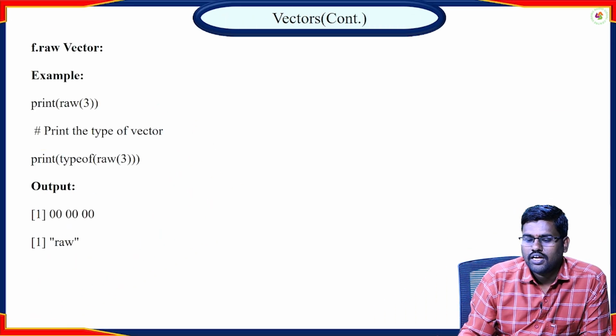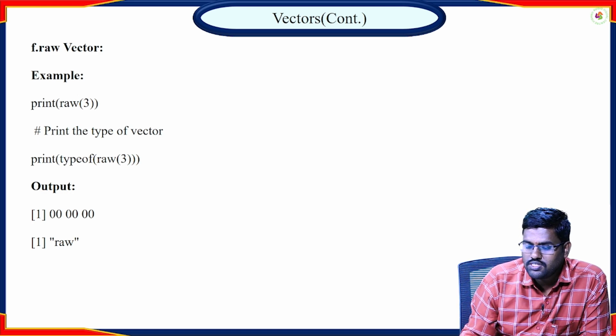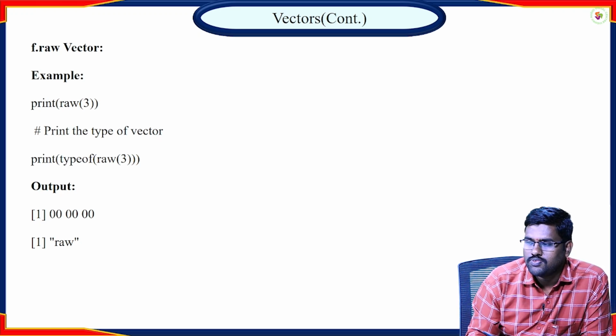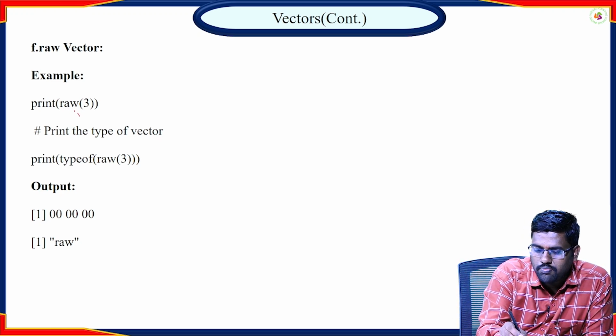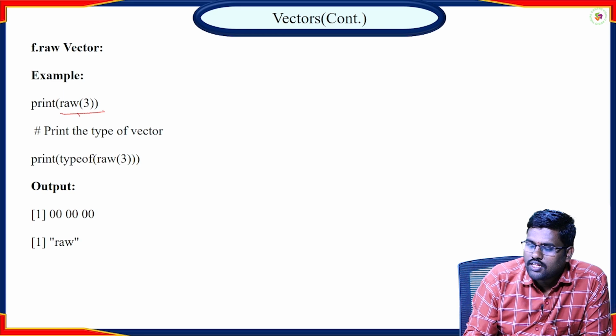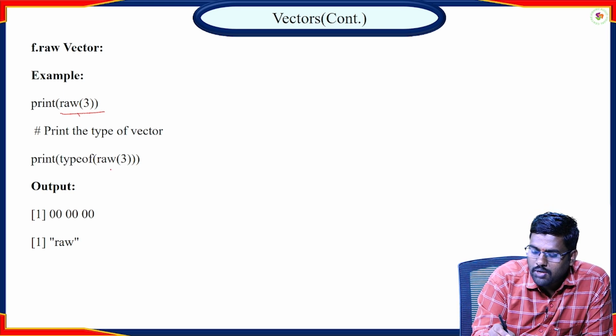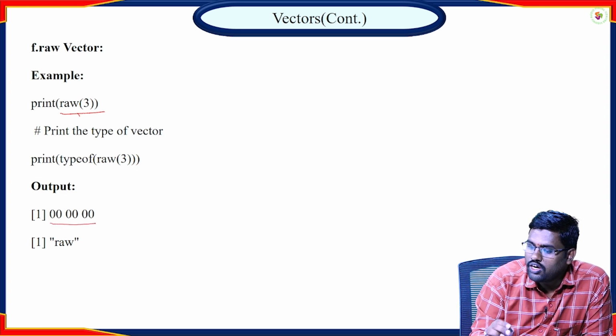Next one, raw vector. Raw vector is used to generate raw values, and in case you are not defining any values, they are described with zeros. Now here I gave print of raw 3. Raw values were not specified here, so print of raw 3 prints zeros, because we are not defining anything.